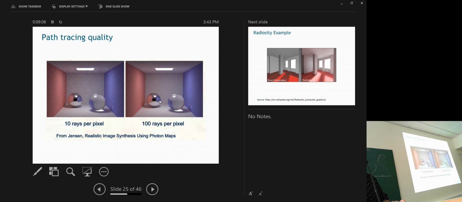Yeah. Does this have any benefits over photon tracing? You mean, does path tracing have any benefits? Why would I use it instead of photon tracing? It's a good question.